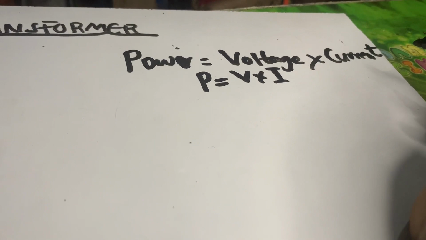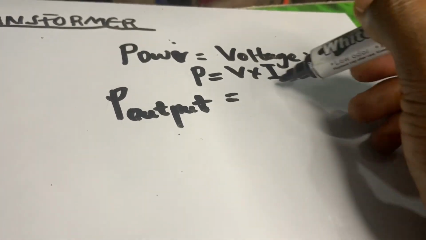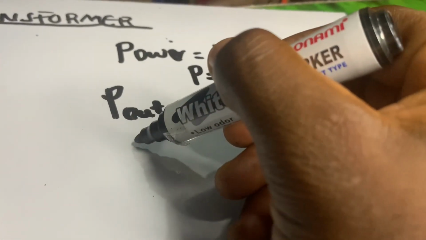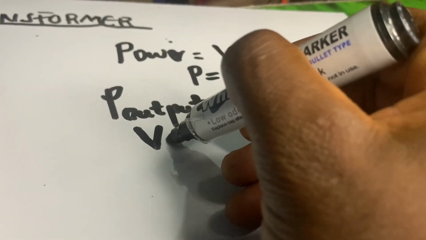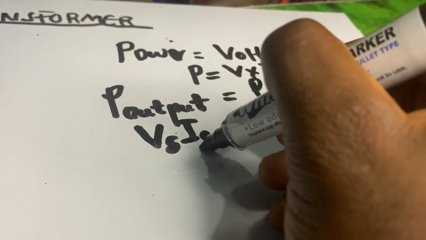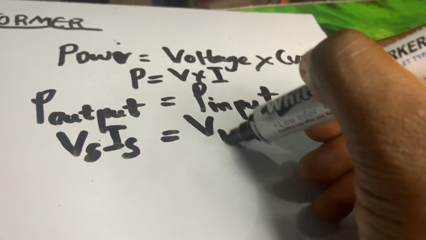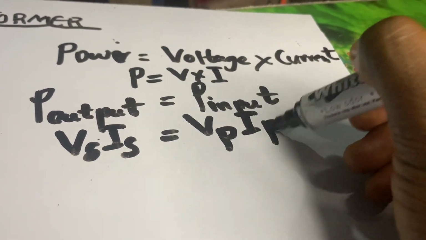As I earlier said, should we have a transformer that is energy conservative, the power output would have to be equal to the power that we input. Power output is always at the secondary coil. So power at the secondary coil, which is the voltage at the secondary coil times the current at the secondary coil, is equal to the voltage at the primary coil times the current at the primary coil.